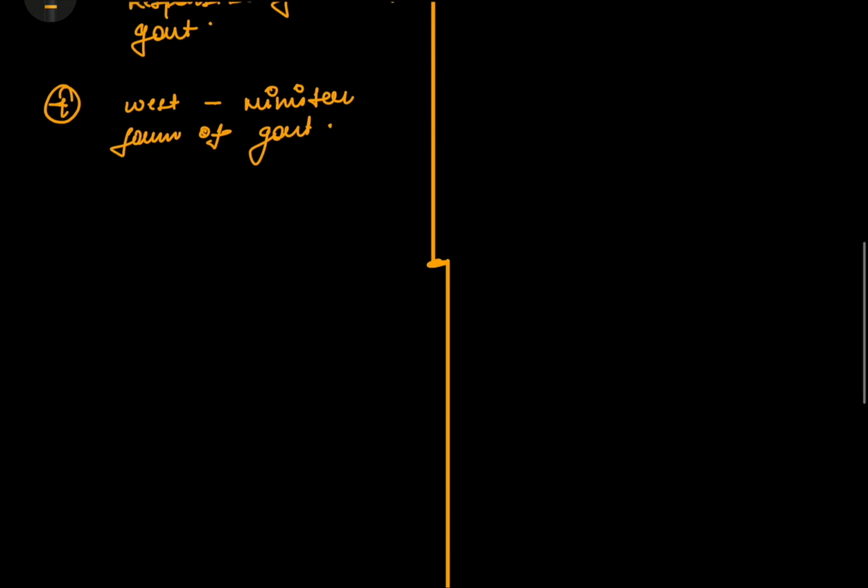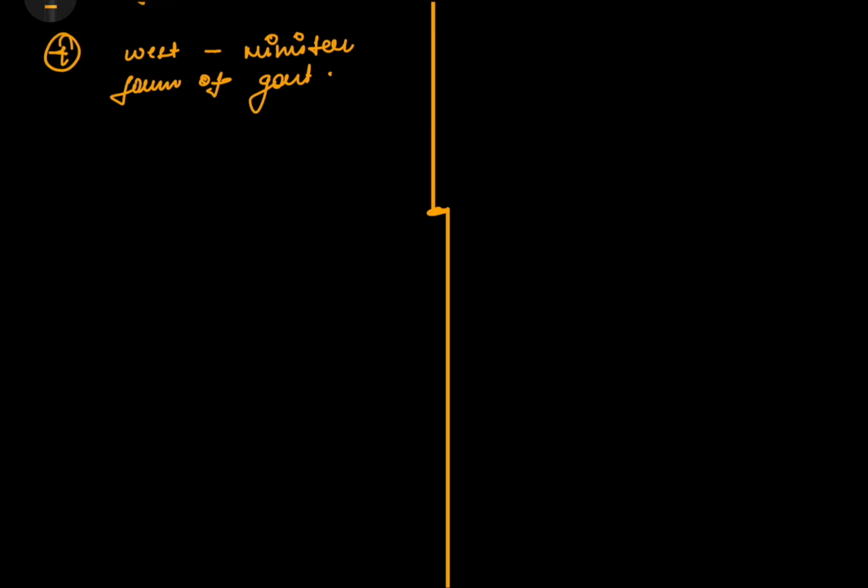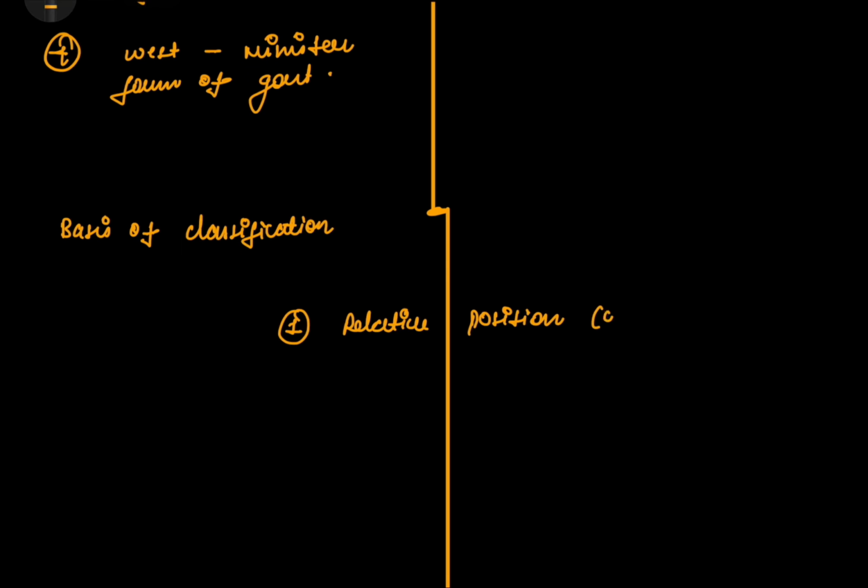So what could be the basis of classification? How can we differentiate between the two? For the basis of classification, we will see the relative position or the power of the president.